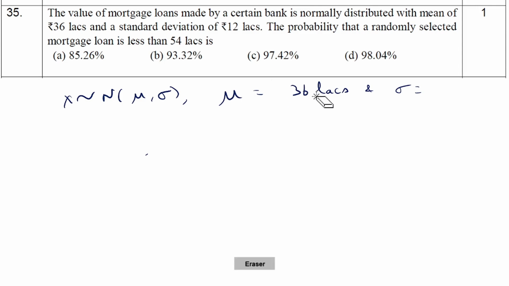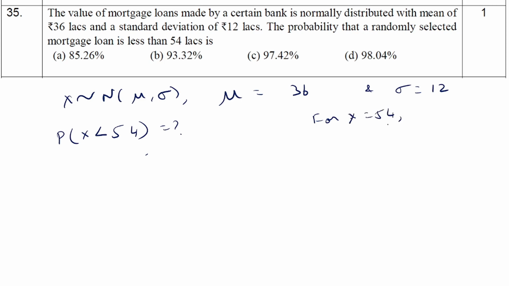Since everything is in lakhs, let us take the values alone. So mu is equal to 36, sigma is equal to 12. We need to find probability of x less than 54. So let us find the z-score for x equal to 54. z is equal to x minus mu by sigma, so it is 54 minus 36 upon 12, or 18 upon 12, which is 1.5.